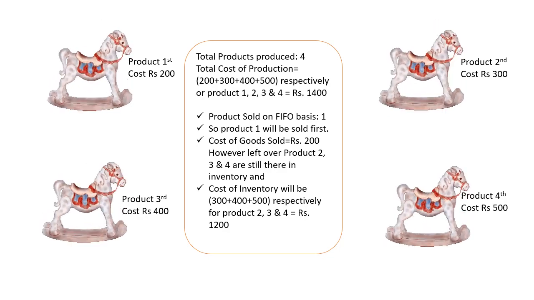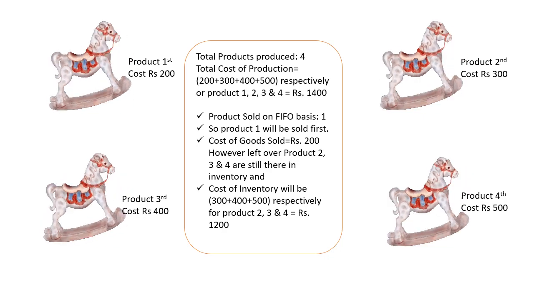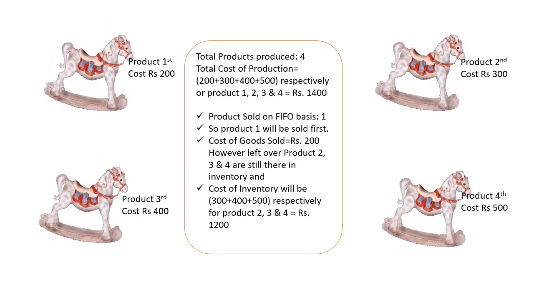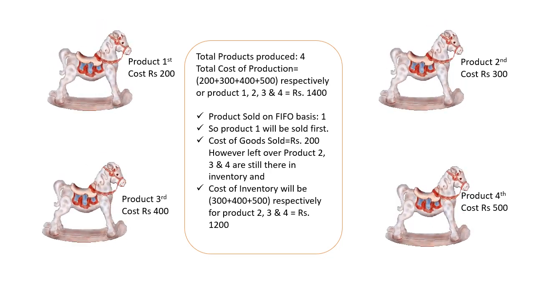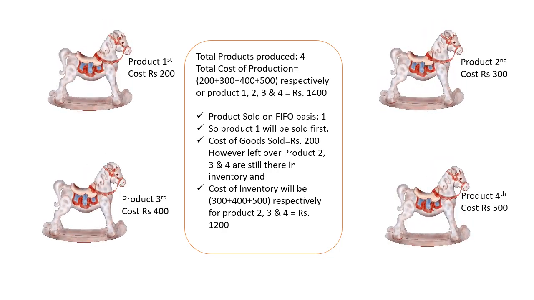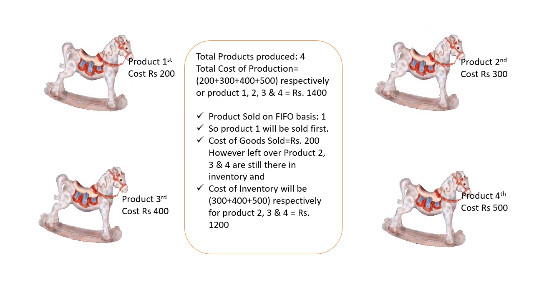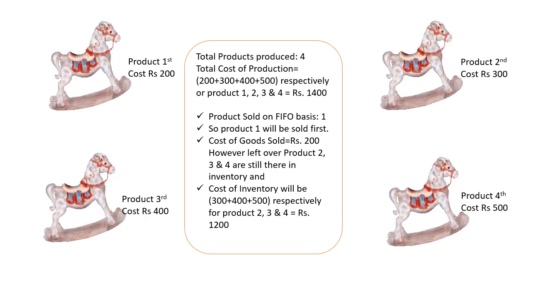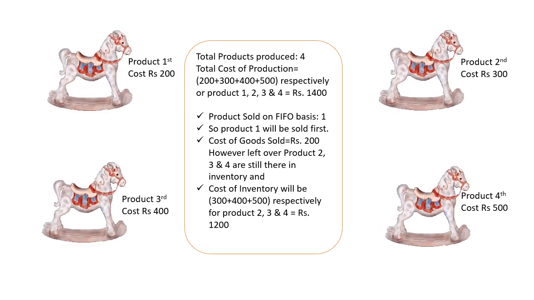They are still in the inventory because they are not yet sold, and therefore the cost of inventory also will be calculated here. The first product sold has the cost of goods sold of rupees 200. The cost of inventory incurred on products 2, 3 and 4 will be 300 plus 400 plus 500, that is rupees 1200.